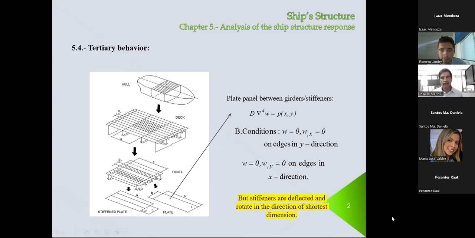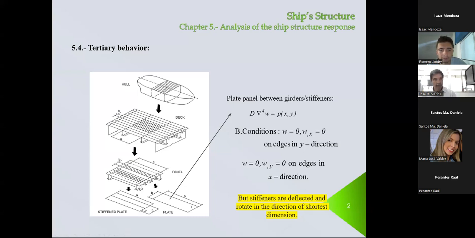Okay, so this is something that we studied last session. We're saying that the tertiary component of the stress distribution considers just one single plate panel. So we can apply plate theory, chapter 4, and the easiest model that we could use is to consider that all the edges, all the borders of the plate panel are clamped.